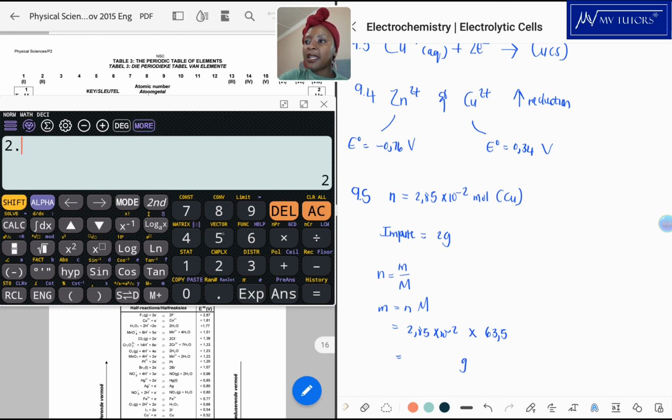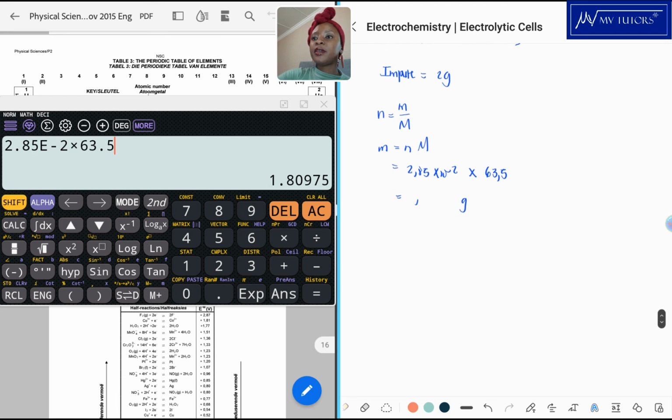So 2,85 times 10 to the power minus 2 times 63,5. So we have 1,8. Yeah, we were expecting it to be less than 2. Let's just say 1,81.